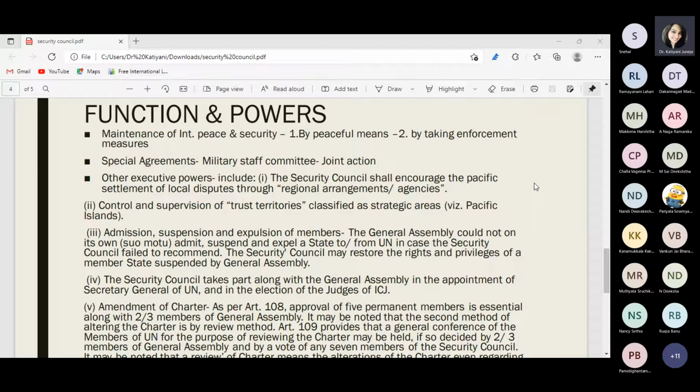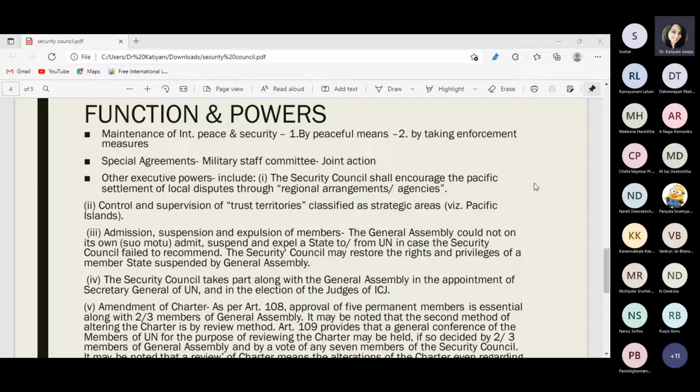The committee basically consists of the chiefs of staff of the permanent members of the council and their representatives. The committee has a set of military experts who invite member states to associate with them. And if needed, the military staff can sanction the Security Council, and after such consultation, appropriate regional agencies are established, and such regional subcommittees or agencies function in accordance with the principles of the Security Council.